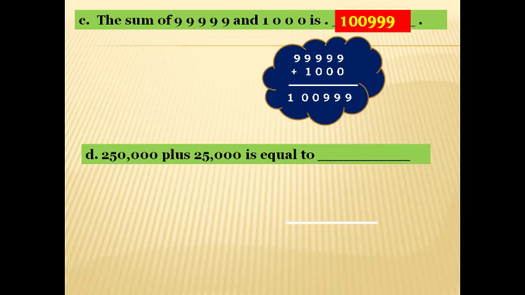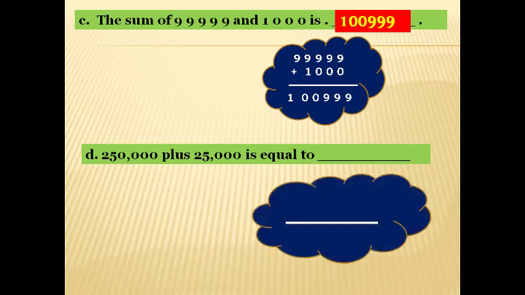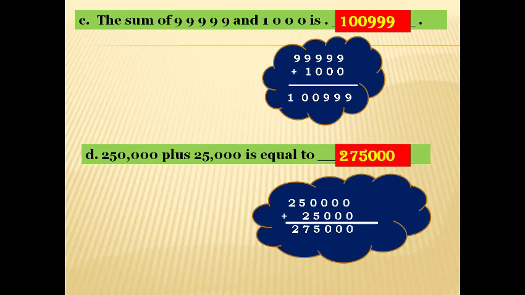D. 250,000 plus 25,000 is equal to dash. Now match your answer with this solution. 250,000 plus 25,000 is equal to 275,000. So the answer is 275,000.